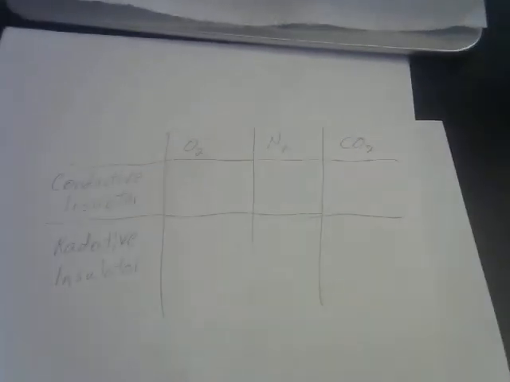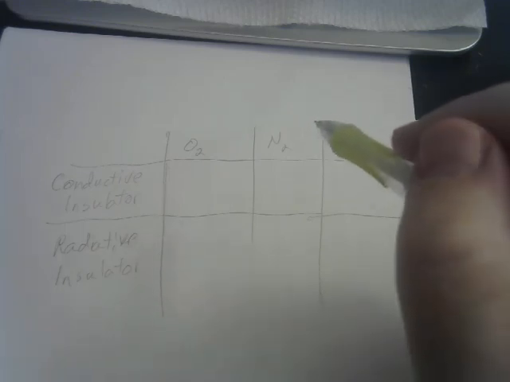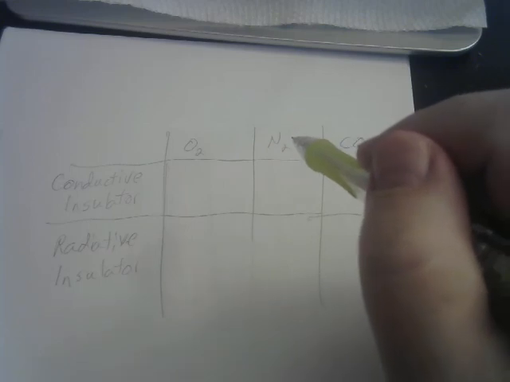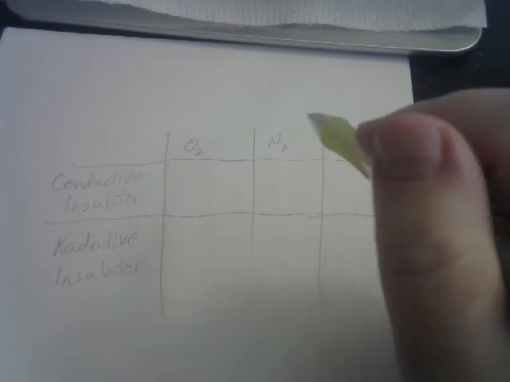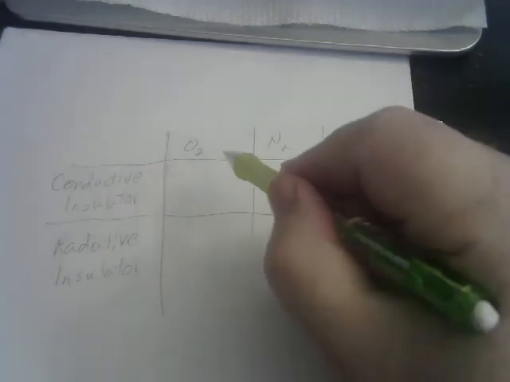So let's make a table, because I'm kind of confusing myself here. O2 and N2. When I come up to the oven and I am getting ready to pull out a pan full of cookies, am I concerned about the heat passing through oxygen and nitrogen?